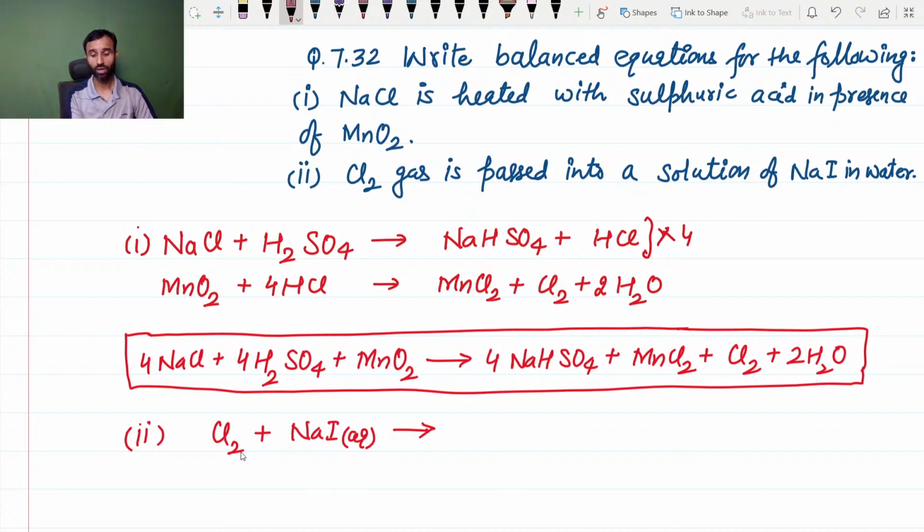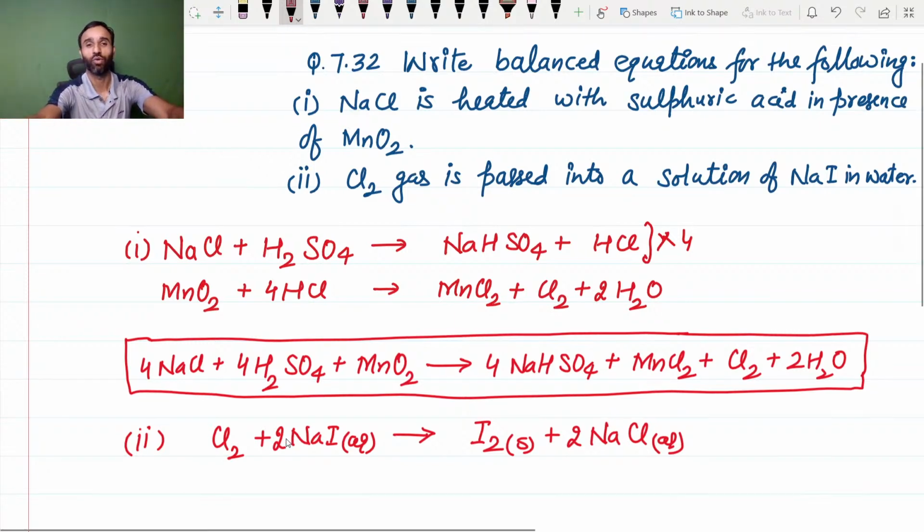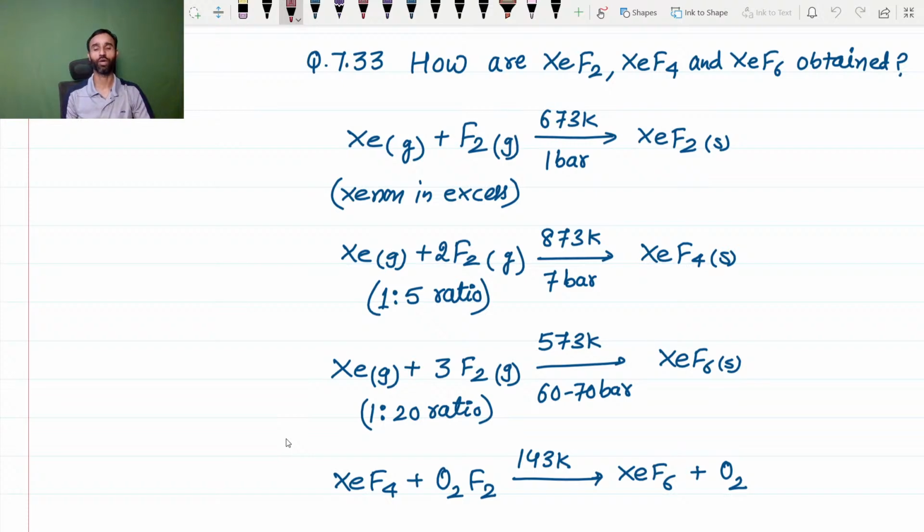So chlorine oxidizes iodide into solid I2 and itself gets reduced, and this is the balanced reaction. Done. So this is question number 32. I hope today we should cover this NCERT exercise, and then we will start d and f block elements.